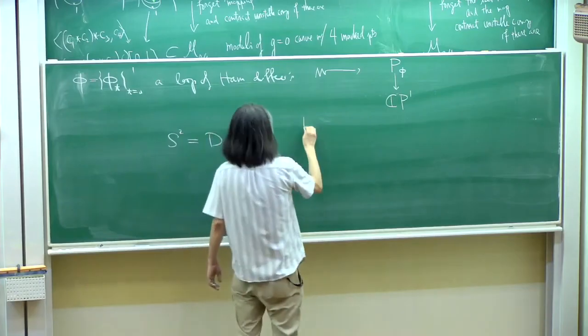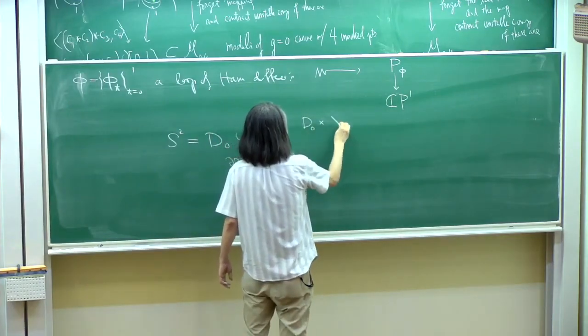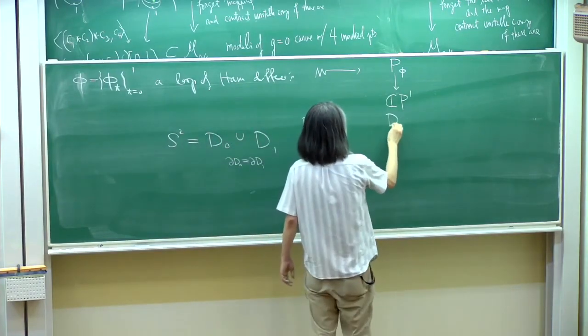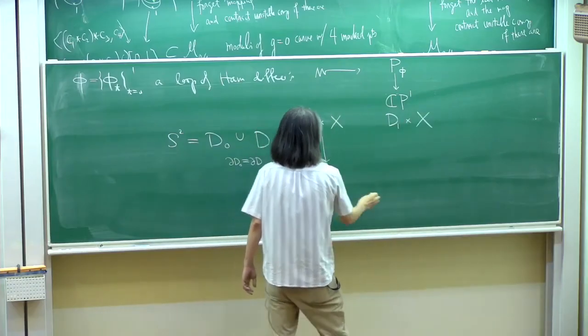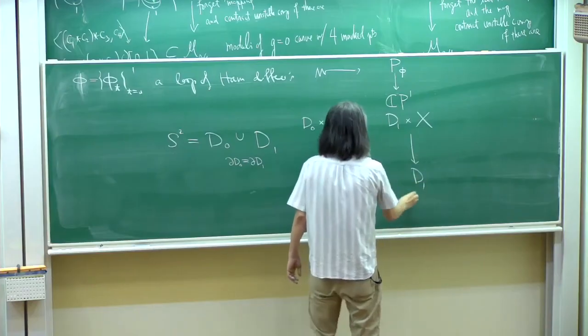Here you consider D_0 times X, and here you have D_1 times X. This is a bundle over D_0, and this is a bundle over D_1.